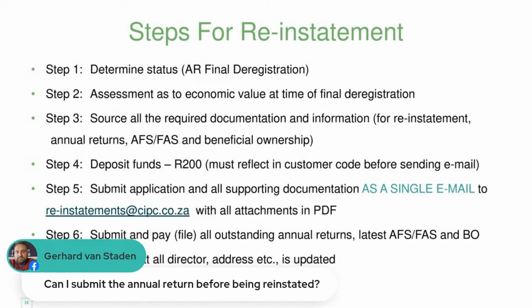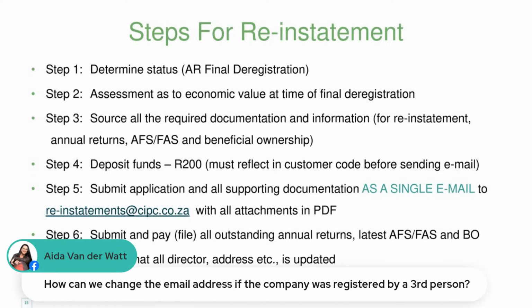Can I submit the annual returns before being reinstated? Brenda? No, you cannot. You have to be reinstated first, and then you'll be able to file annual returns. Thank you. The next question: how can I change the email address if the company was registered by a third person?